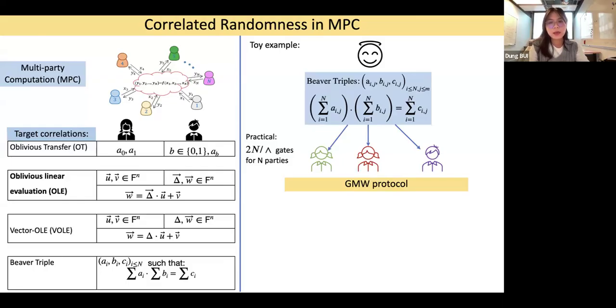Let's imagine that we have N parties, and if each party has one bit share of a Beaver triple, it means that each party in the MPC protocol gets one share of a multiplication operation. Then in the online phase, you use the GMW protocol and you get an efficient MPC protocol with communication complexity of 2n over the number of AND gates, and it works for n parties.